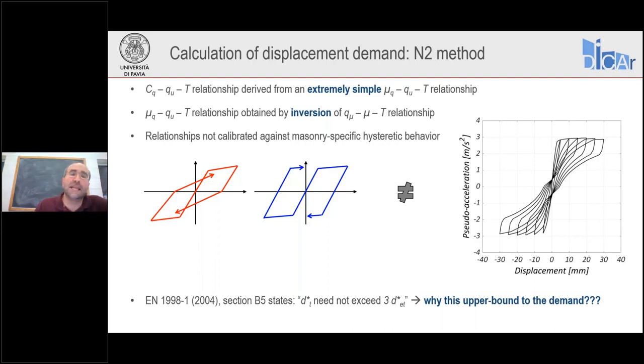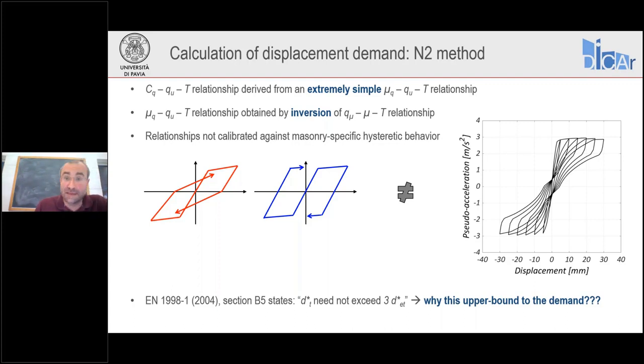First of all, the relationship between the inelastic displacement ratio, C sub Q, the strength ratio Q sub U, and the period is a very simple relationship, and it actually comes from a ductility-strength ratio-period relationship.